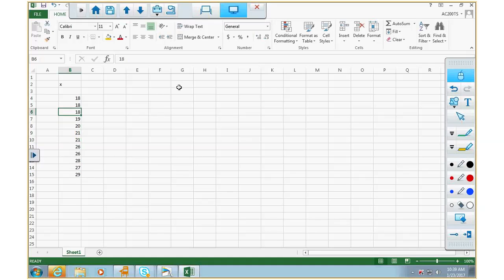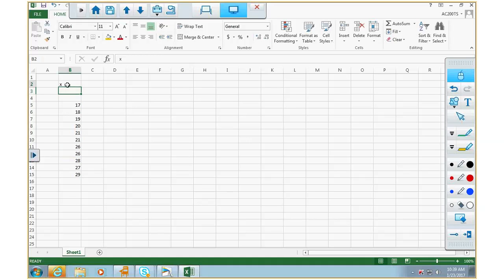Okay, cool. So we'll take off one of the 18s, because it could be 17. We'll put 17. All right, there's our data set. All those are X's.